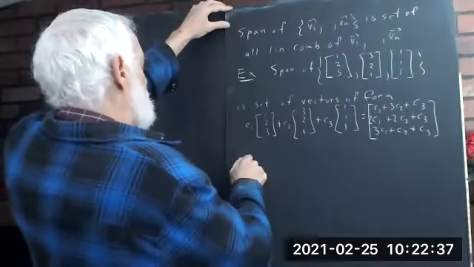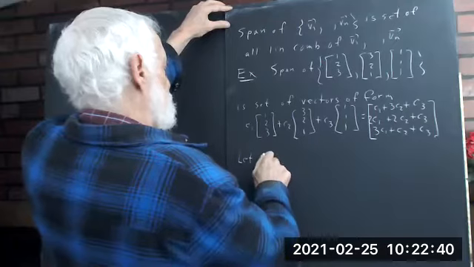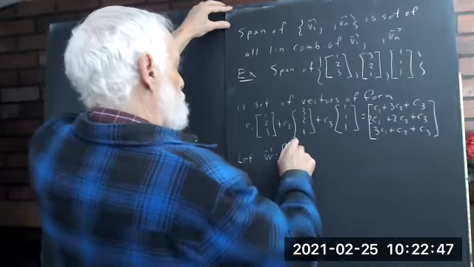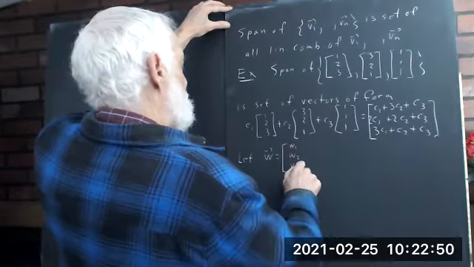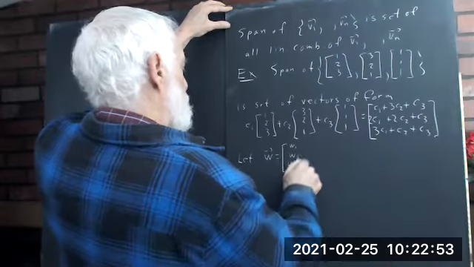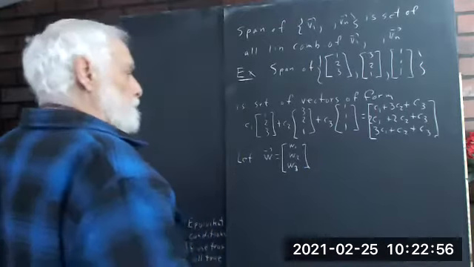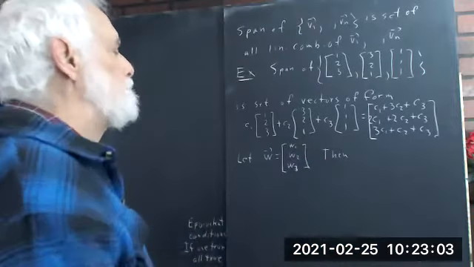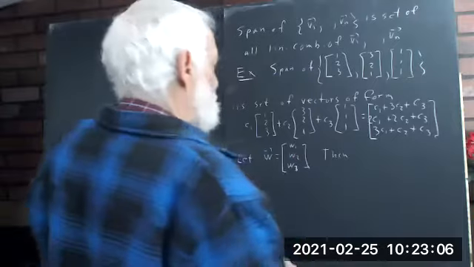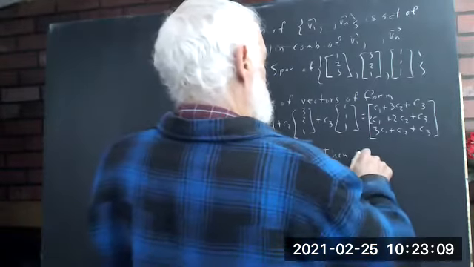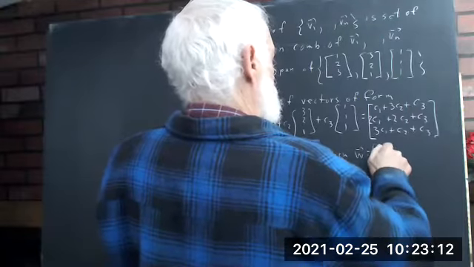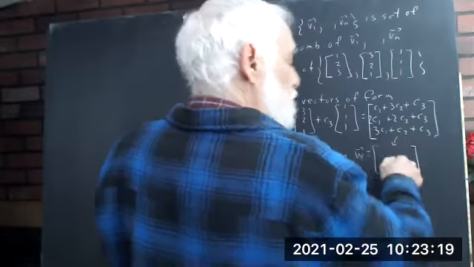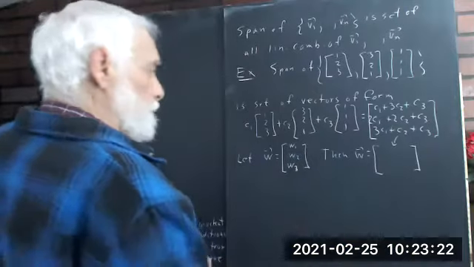Now let W equal W1, W2, W3. W equals this system. I don't want to take time to write out right now.